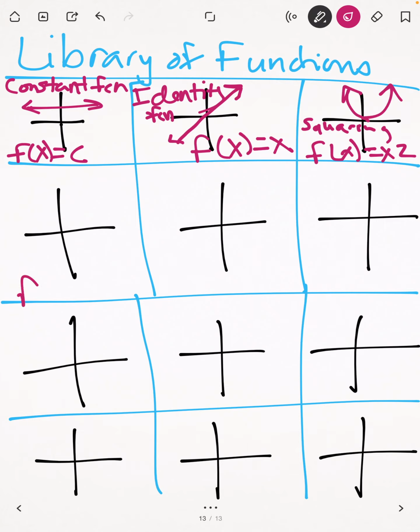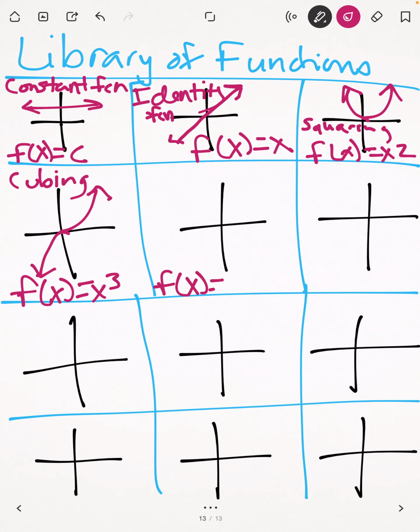If we have something that looks like f of x equals x cubed, this is our cubing function. And it looks like an x squared on this side and an upside down x squared on this side, right? Because negative 1 times itself 3 times is negative 1. If we have something that looks like f of x equals absolute value of x, it's called our absolute value function.